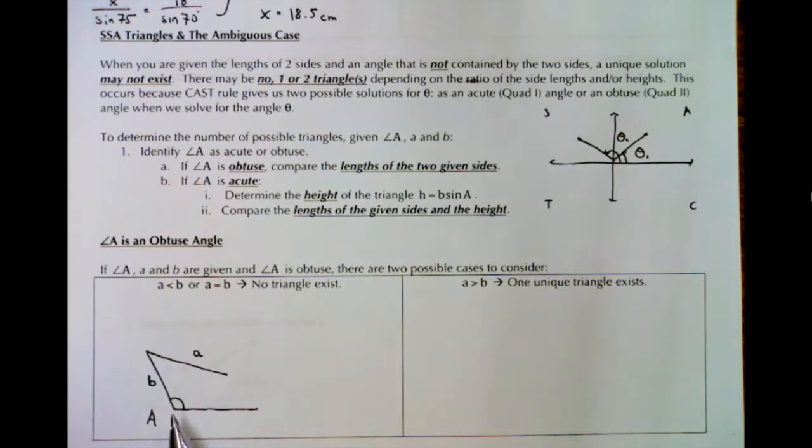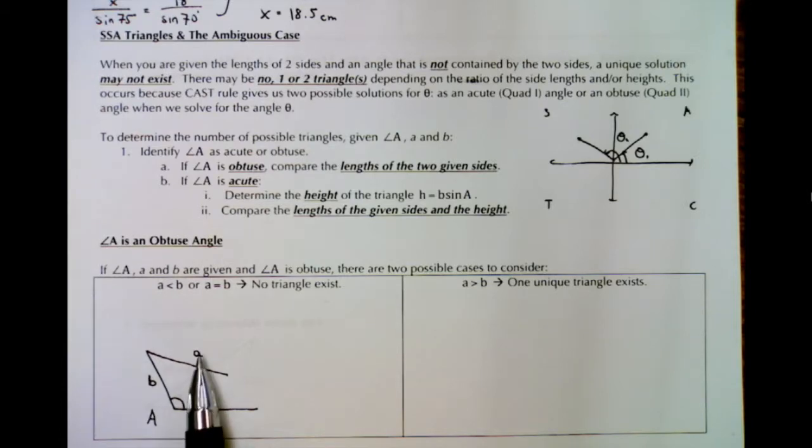Because there's only 180 degrees in a triangle, and as soon as you get a degree that's bigger than 90, there's not another angle that could be bigger than 90 in that triangle. So if the side A, the one across from that big angle, isn't the biggest side, you can't actually build a triangle because the side won't be long enough to complete the triangle. And that's a problem. So if you're given an obtuse angle and the side across from it is not the biggest side, you can't draw the triangle and you can't find an answer.